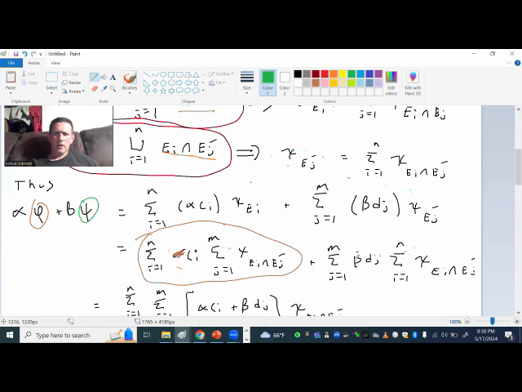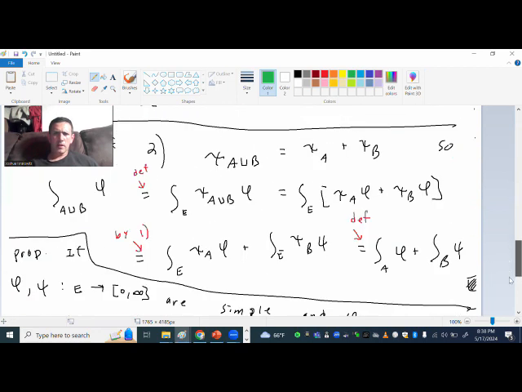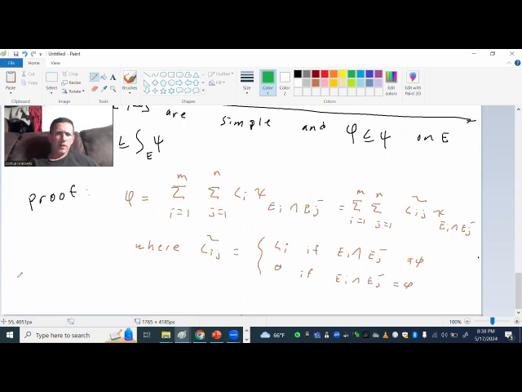Psi is going to be this sum here, the same thing, j equals 1 to n, d_ij tilde times the characteristic function.